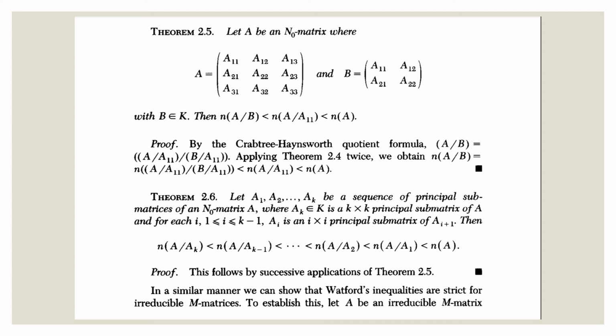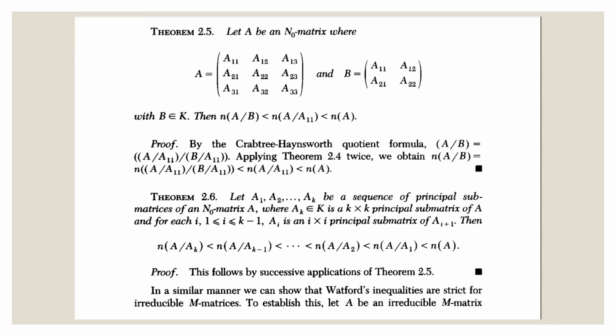By applying Theorem 2.4 twice, we obtain n of A/B equals n of (A/A11)/(B/A11), less than n of A/A11, less than n of A.